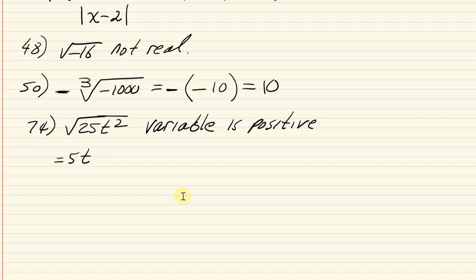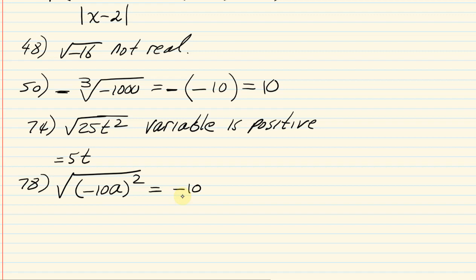Now for something like number 78, we have the square root of negative 10a, quantity squared. For this one, if we just say the answer is negative 10a, but see here, the variable is positive, so a is positive.